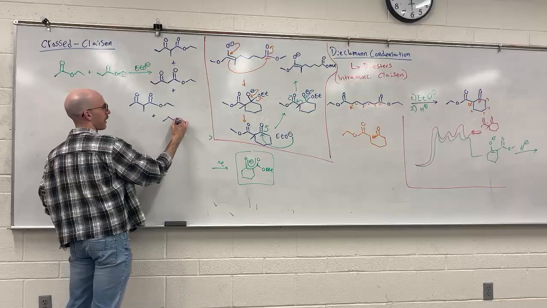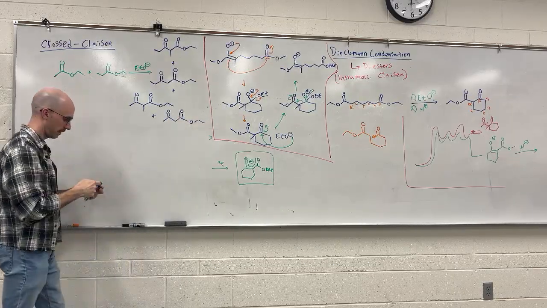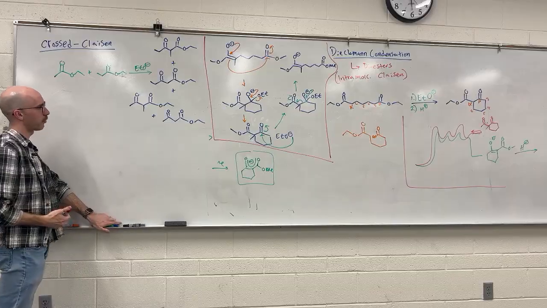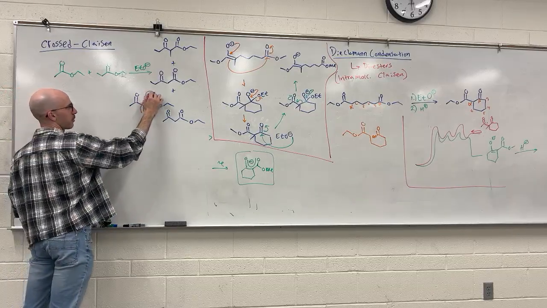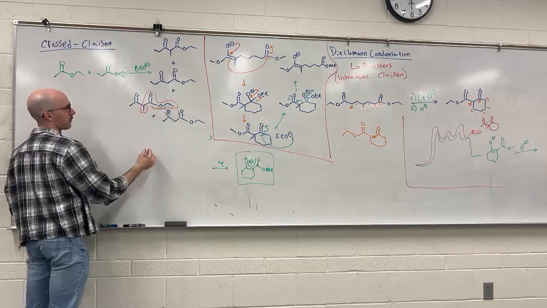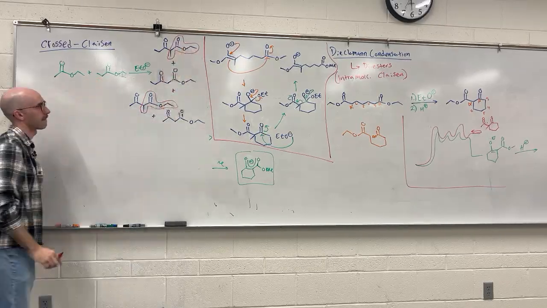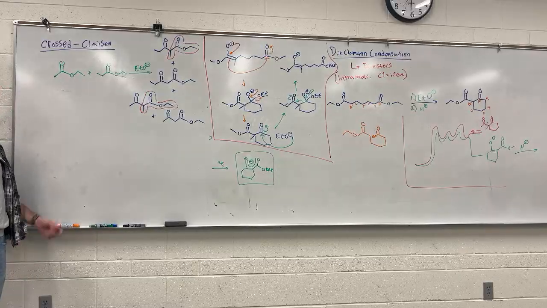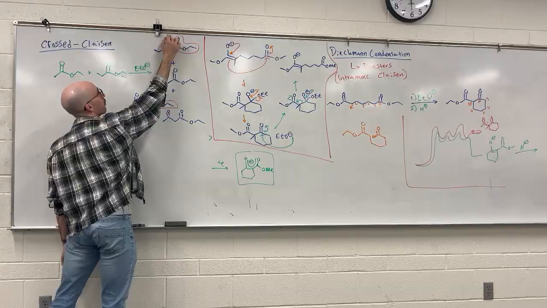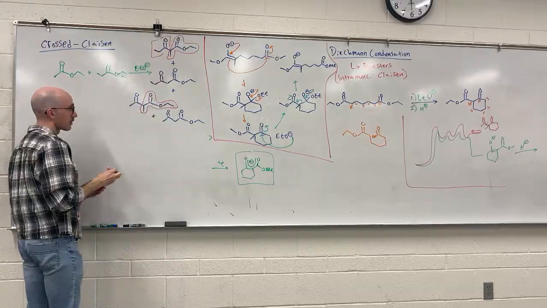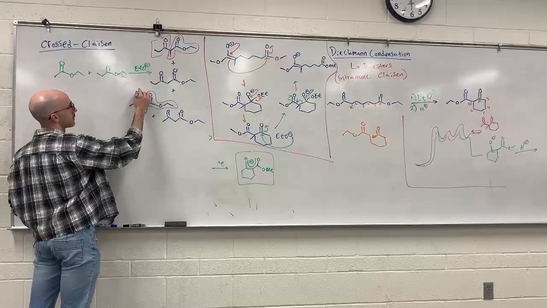And I could have ethyl acetate being attacked by ethyl acetate. I want to try and point out these carbon chains. Here's propanoate. Here's propanoate acting as a nucleophile on propanoate, or on acetate.